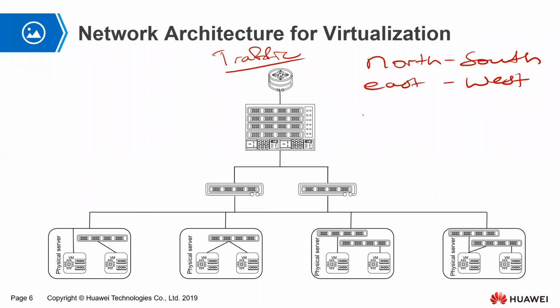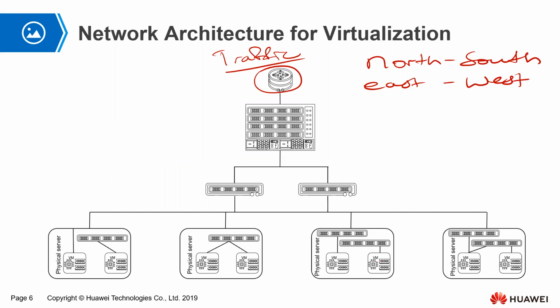So generally, the router acts as a demarcation point distinguishing north to south traffic from east to west traffic. The router can either be physical, or it can be a virtual one inside a virtual machine. Traffic that passes through a router is north to south traffic, while traffic that does not pass through a router is east to west traffic.